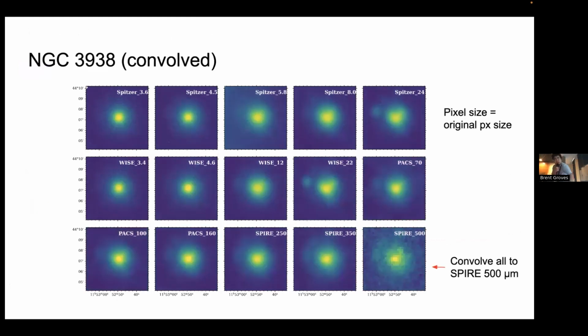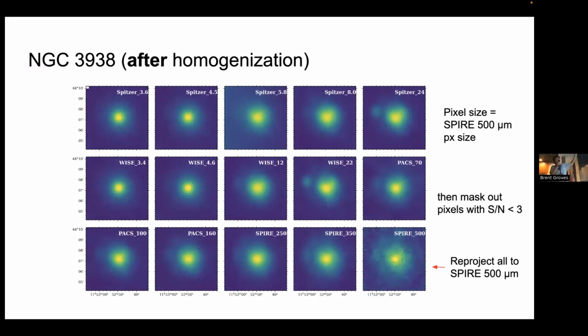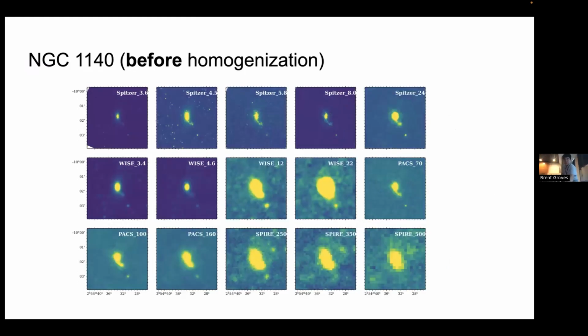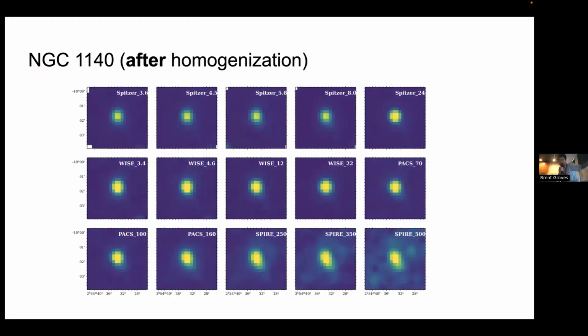Then we convolve the data to the resolution of SPIRE 500 micrometer. And this is the final result after homogenization. Then we redo this over and over again using the original maps from Monte Carlo to see how the uncertainty propagates through these steps. And this one is another galaxy, NGC 1140, and this is the after image.